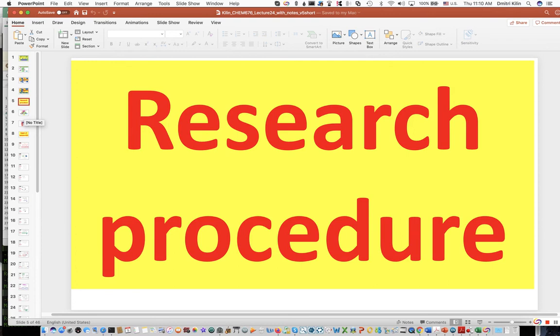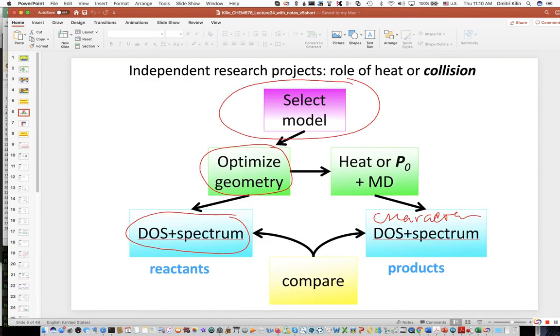We will go over the following thing in details again and again. So the plan for research projects is to explore the role of thermal motion, or maybe chemical transformations induced by thermal motion, onto electronic structure.